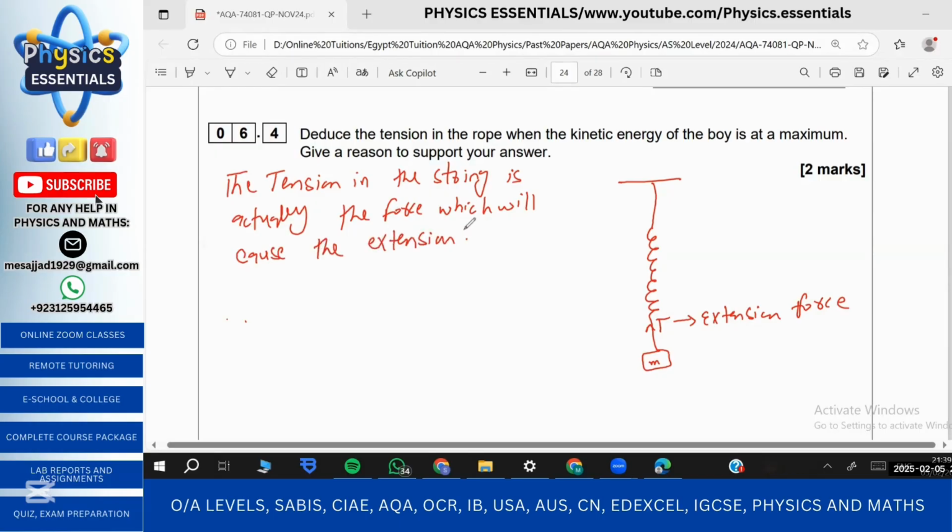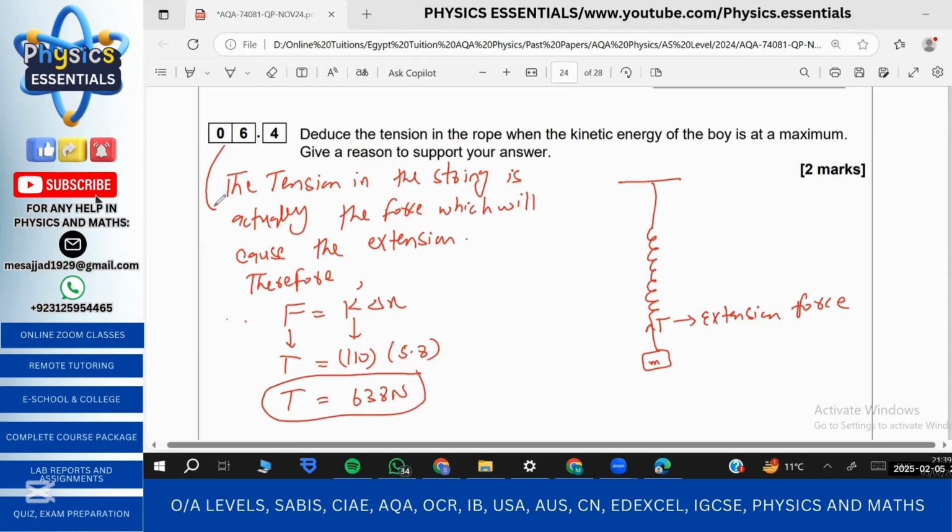Therefore, we will just write F equals K delta X, and F will be equal to T. We already have 110 and we already have the extension, which was 5.8. So the answer to the tension is 638 newtons. And that is actually the reason for my answer.